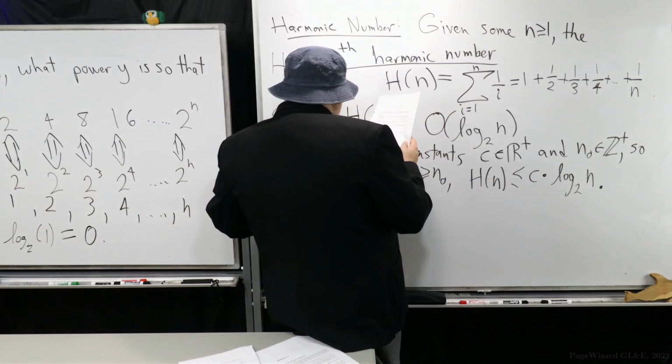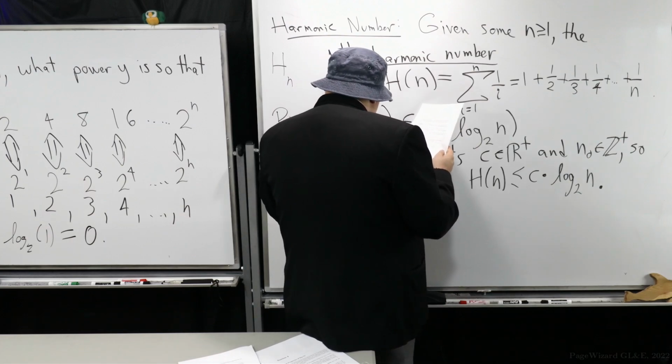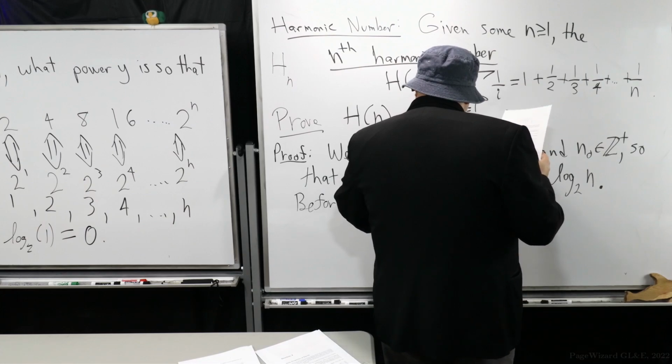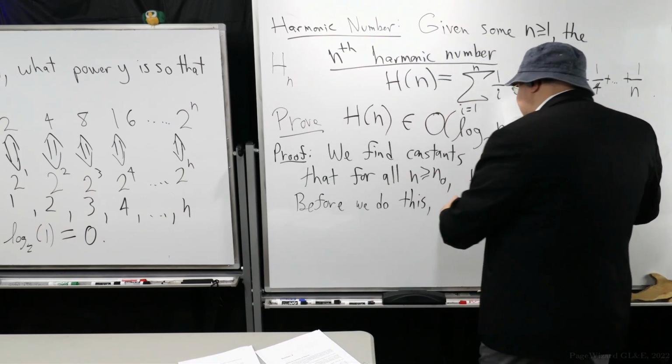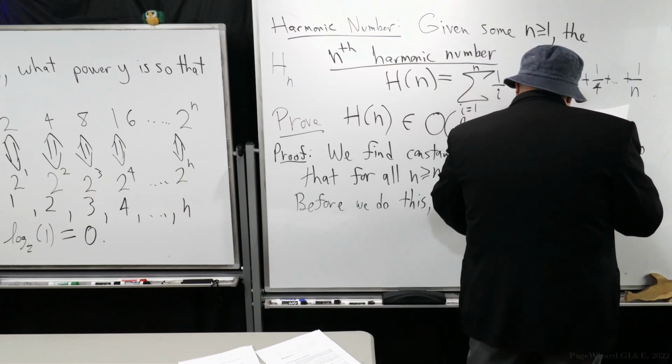So before we try to find c and n0, let n be rounded up.